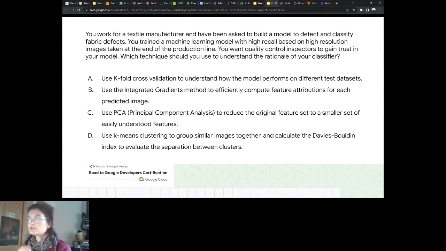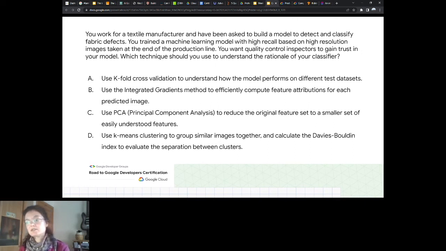Which technique should you use to understand the rationale of your classifier? The first one says use k-fold cross-validation to understand how the model performs. The second is using integrated gradients to efficiently compute feature attributions for each predicted image.